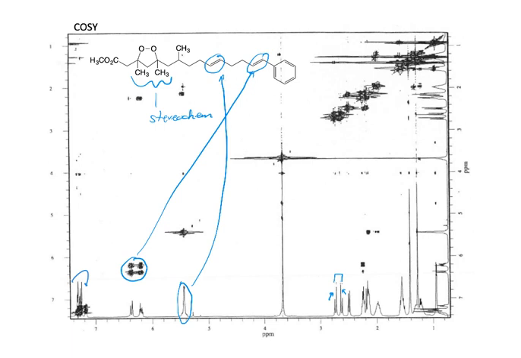And those are the 2 that are, let's call these H2. That's going to be the protons here. So these are H2, right? And they're just isolated next to the carbonyl and between that quaternary center, so they're just doublets.